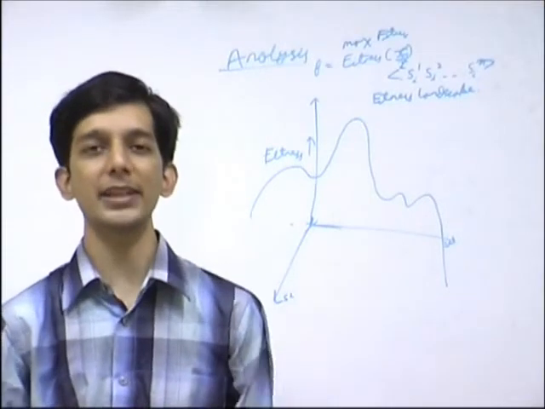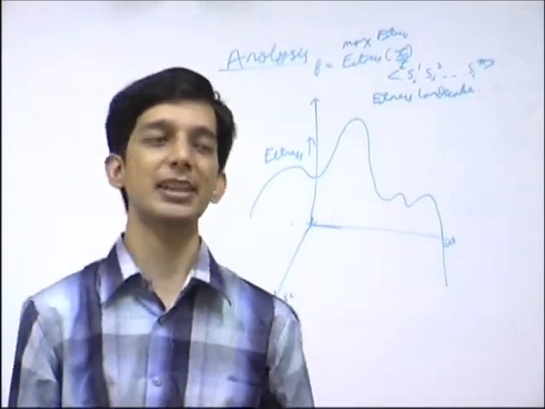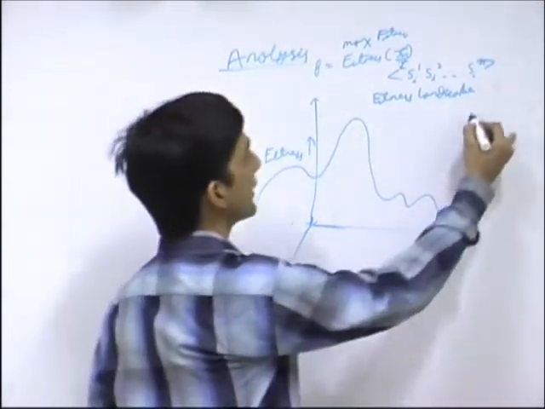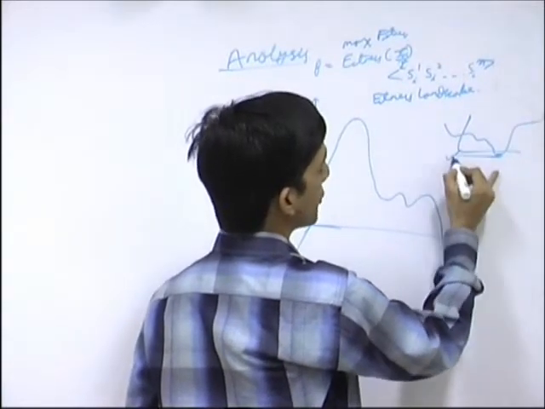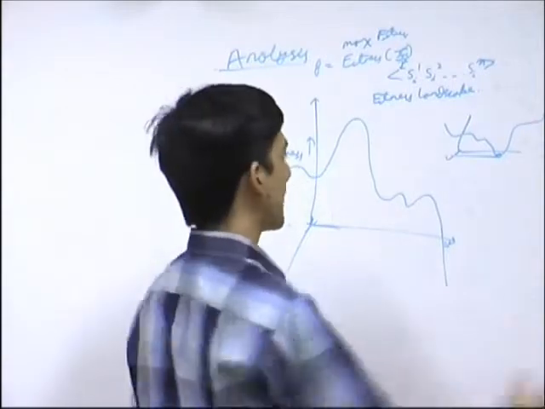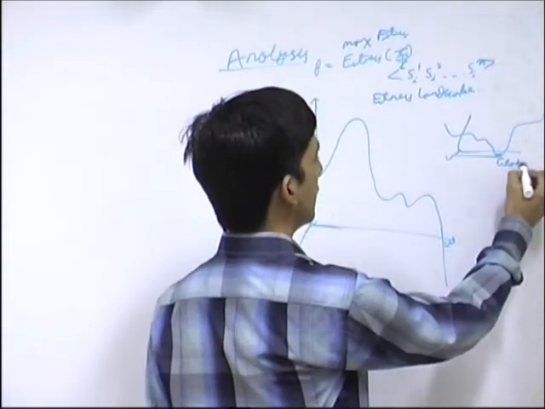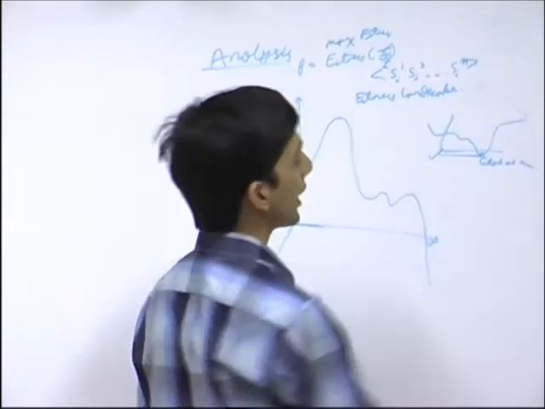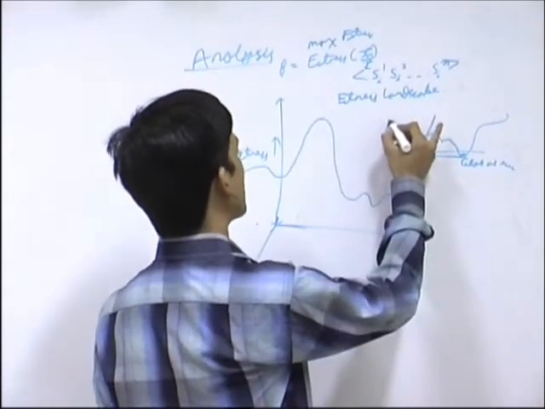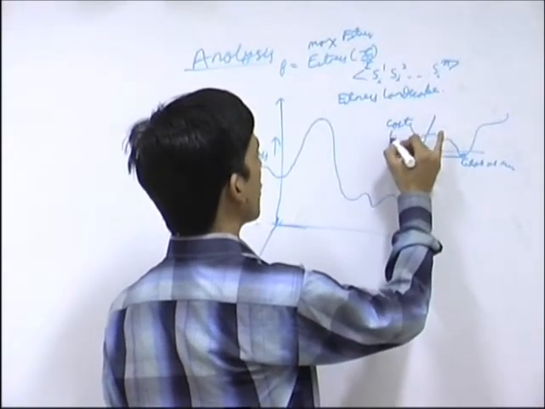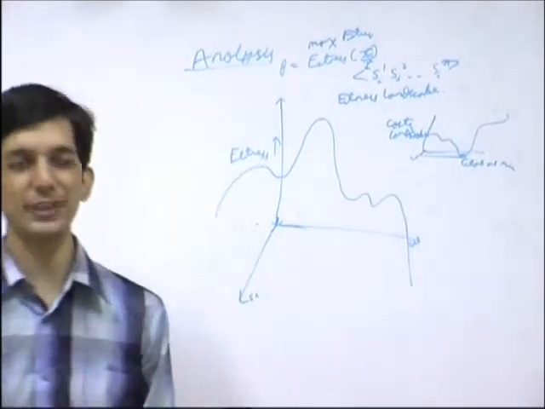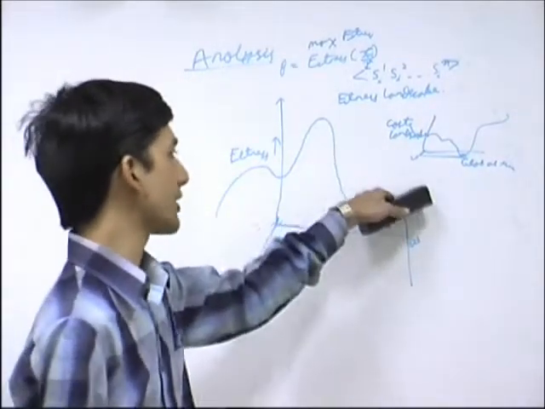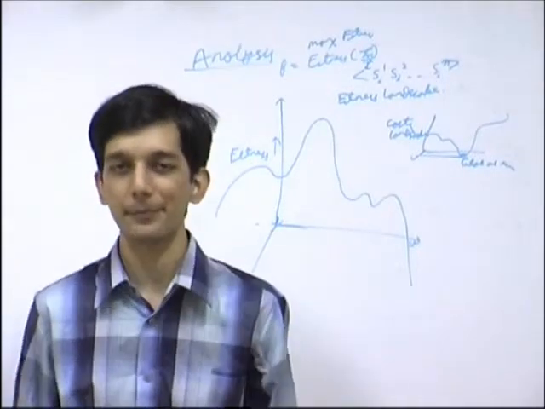If it had been a minimization problem, I would have plotted the same thing, something like this, where the motivation was to find this point, that is my global minima, and everything would have remained the same, but I could have called this my cost landscape, only for better understanding of the terms. We always minimize the cost and we always maximize the fitness.